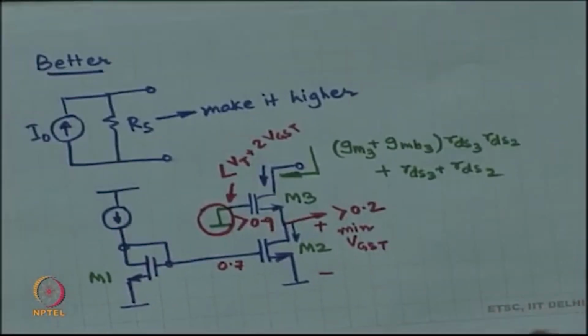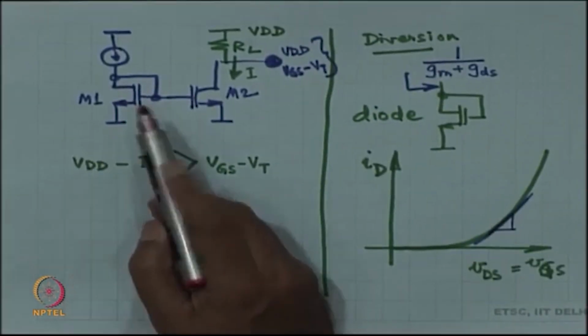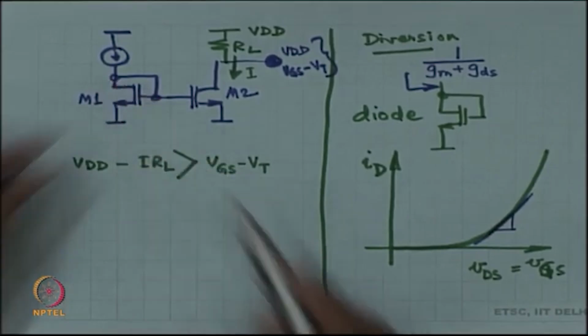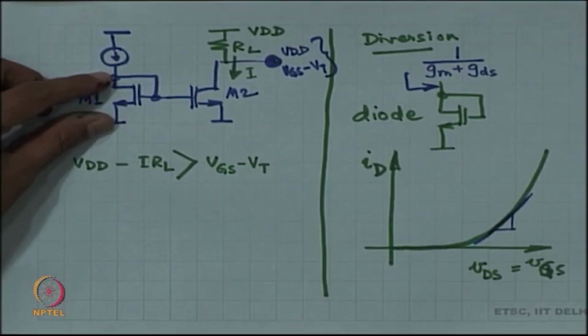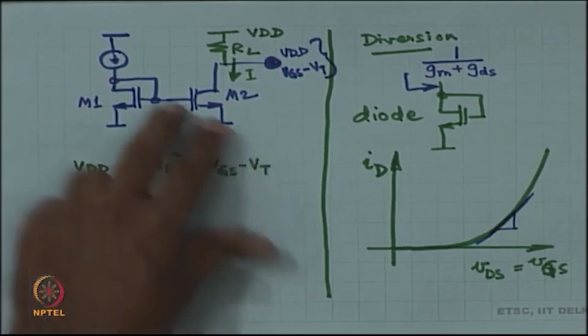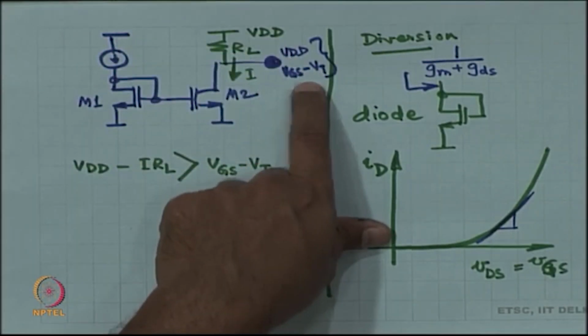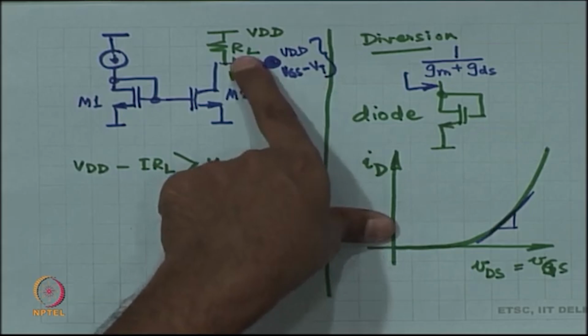How about in the one transistor situation? In the one transistor situation, once again, in the reference VDS and VGS are equal, but in the output device VGS is something, but VDS is completely dependent on the load resistor.